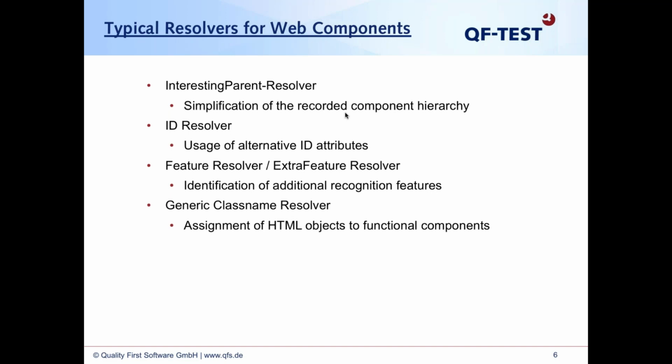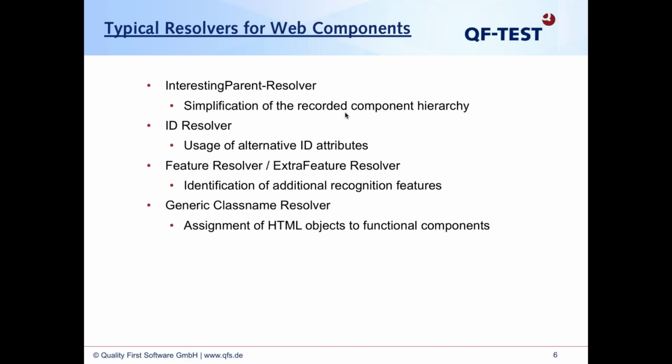So for having a container for a CSS class which removes some border or which sets some margins. And we don't need them for recognition of the components. We don't need them for replay. So it would be better if they wouldn't be there at all in our rendering. You remember the image of the thousands of divs inside div, inside div, inside div, and we don't really need them. So we have the interesting parent resolver, which says, well, this is really an interesting element, and this one is not an interesting element.